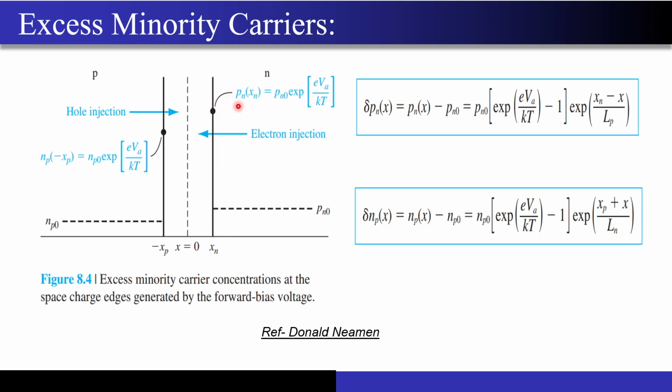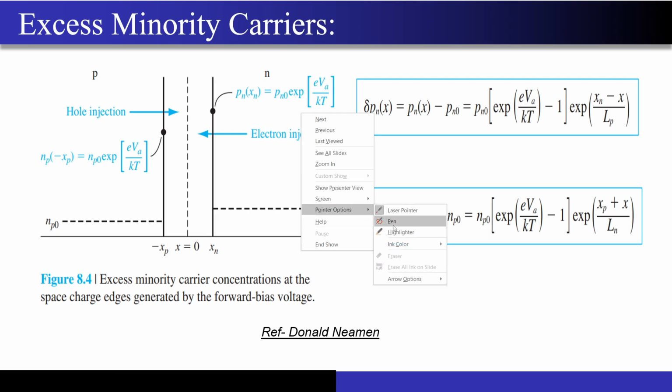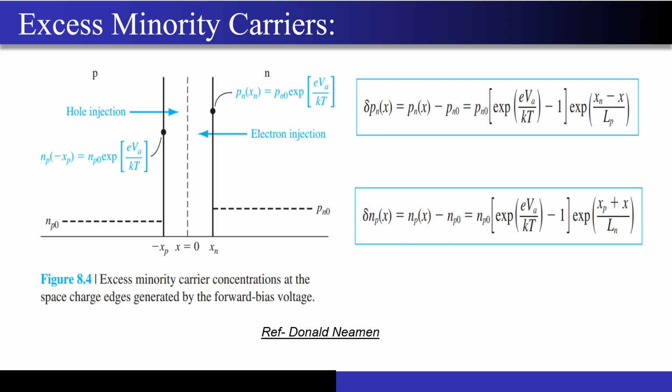So we found that the amount of increase Pn of Xn has with respect to Pn naught is defined by the factor exponential to the power QVA by KT, right? And if you want an intuition for where this term came from, you know the formula P equals Ni times exponential of (EFi minus EFp) by KT, right?